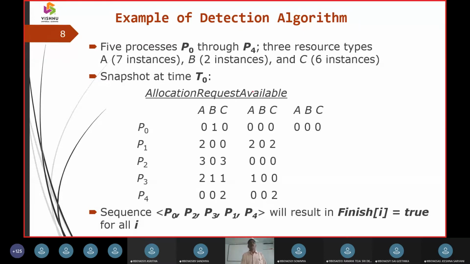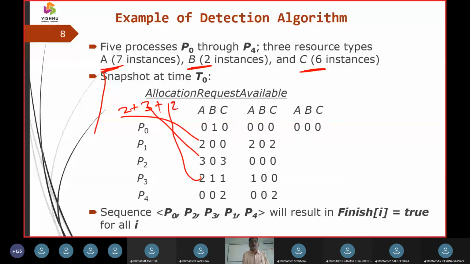Now you can see here, A has 7 instances, B has 2 instances, and C has 6 instances. How do I get the 7? I can say 2 plus 3 plus 2, so we get 7.